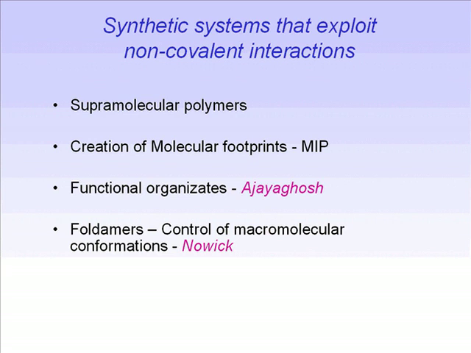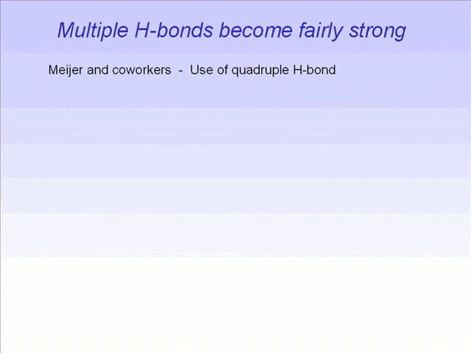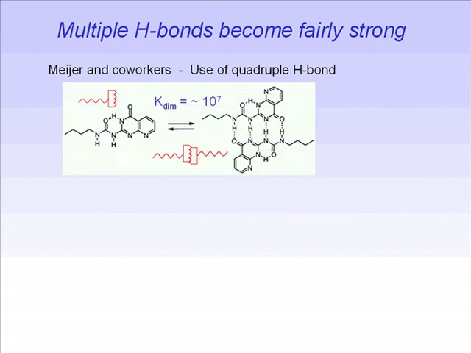In this session, of course, there will be two talks, one on functional organics by Ajay Ghosh, which will primarily deal with how to use these weak interactions to create manifolds of structures which exhibit specific function or material properties. The other talk is by James Novick, who will examine the issue of foldamers, primarily utilizing hydrogen bonding interactions to stabilize a certain conformation of a synthetic macromolecule.